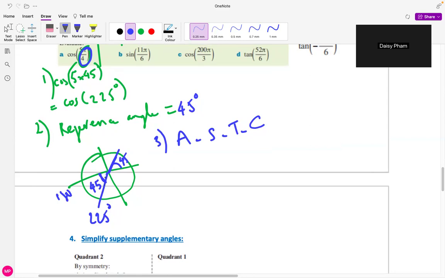So it's in quadrant 3, which is letter T, so cos will be negative. So I know that cos 225 will be negative cos of 45. And I know cos 45 is root 2 over 2. So the answer will be negative root 2 over 2.